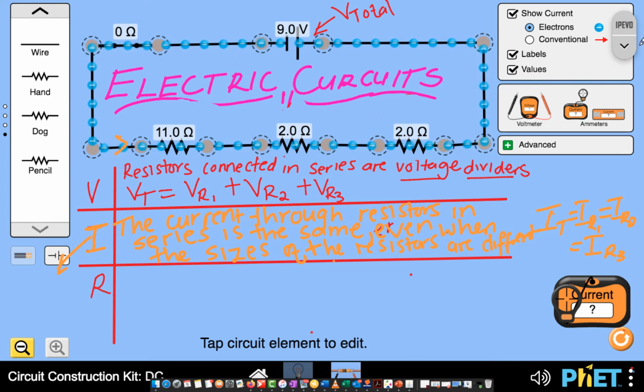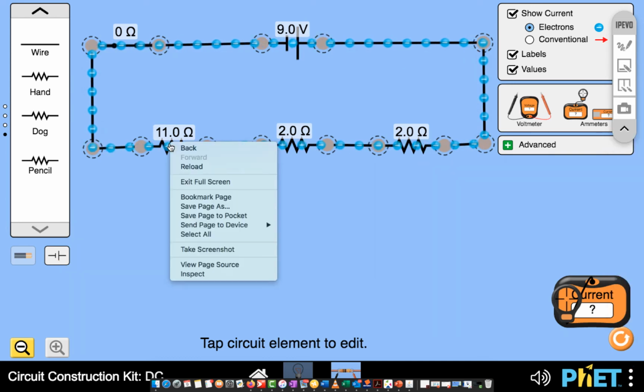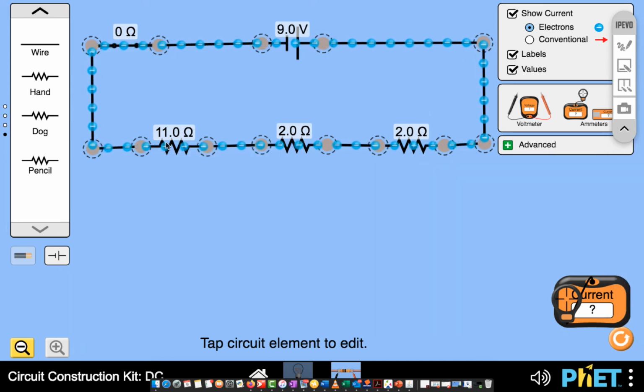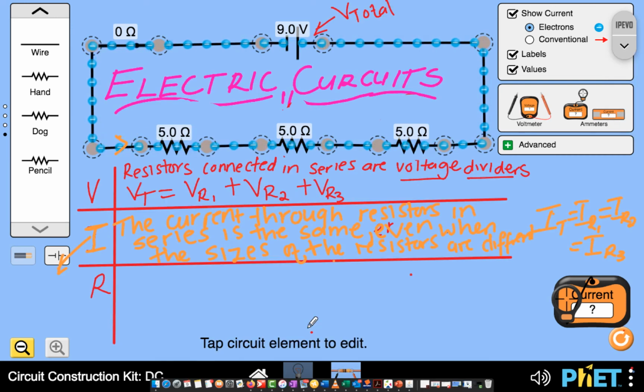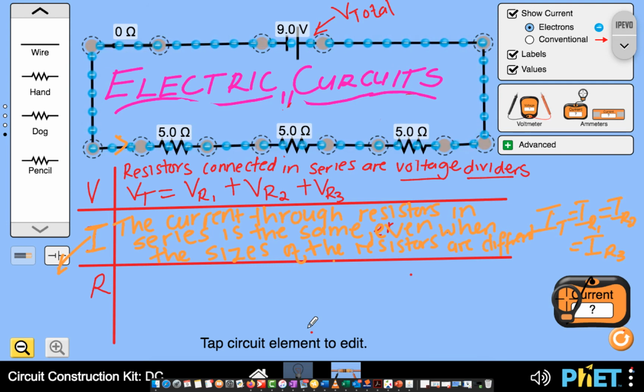Let me quickly reset this. So I'm going to change the resistance here back to 5. So obviously now we want to investigate what happens to the resistance if ever we add another resistor in series or we remove a resistor in series.